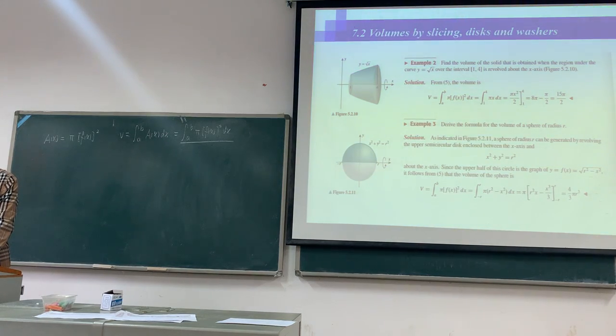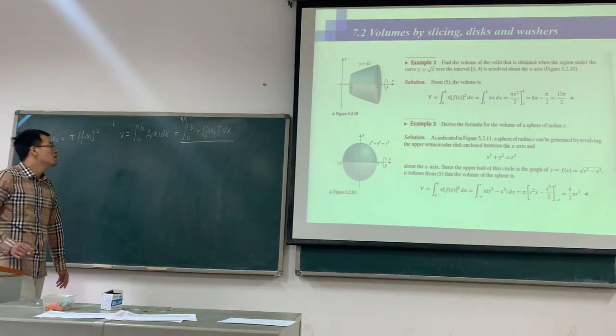Now we give an example. Find the volume of the solid that is obtained when the region under the curve y equal to the square root of x over the interval from 1 to 4 is revolved about the x-axis.